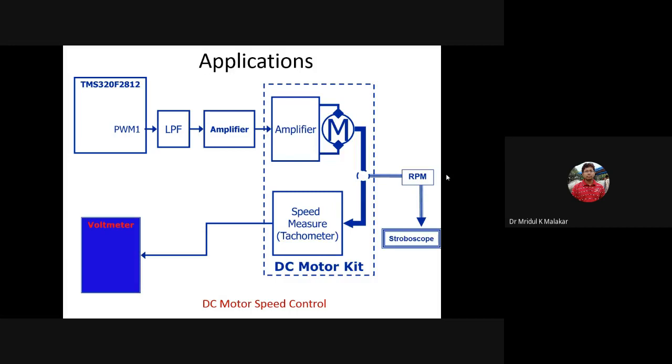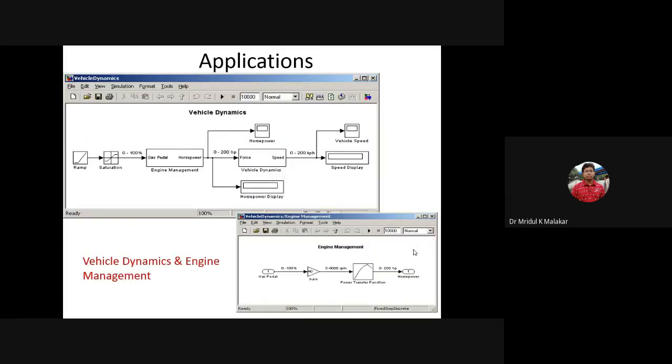So it is like a system: there is an amplifier, a low pass filter, and PWM, so you can control this. Stroboscope means you have to see the RPM in real time. This is the vehicle dynamics software, whatever I told you; that total system you can implement in MATLAB, and finally you can deploy it in the hardware system.